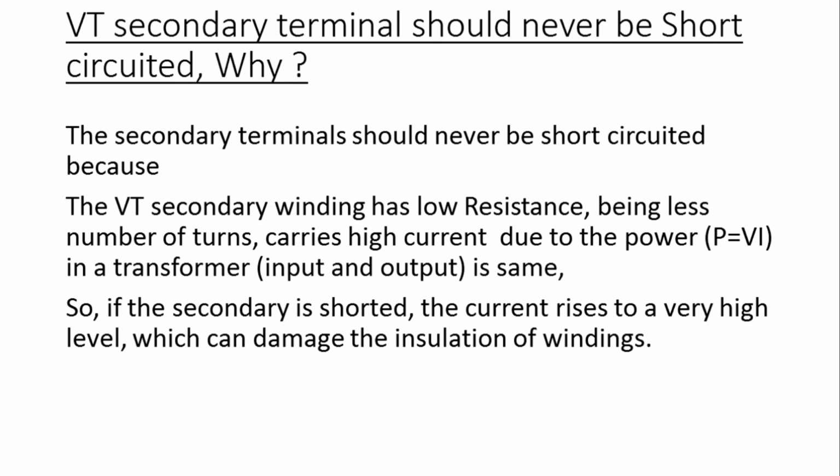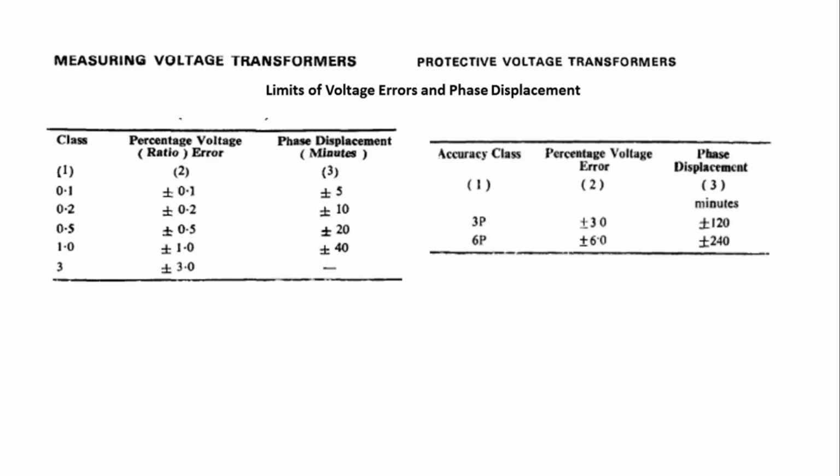Next, the below table has the permissible limit of ratio and phase error. Left table is for metering and right table is for protection. This is the class rating, that is 0.1, 0.2, 0.5, 1.0, 3, and respectively for each class rating the ratio error is allowed in a fixed bandwidth.